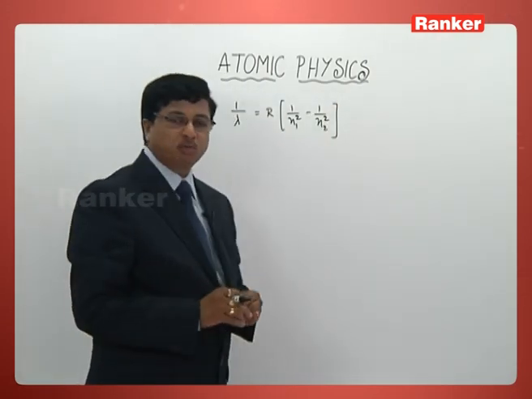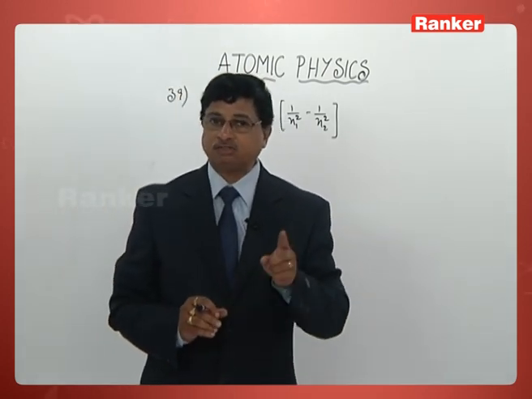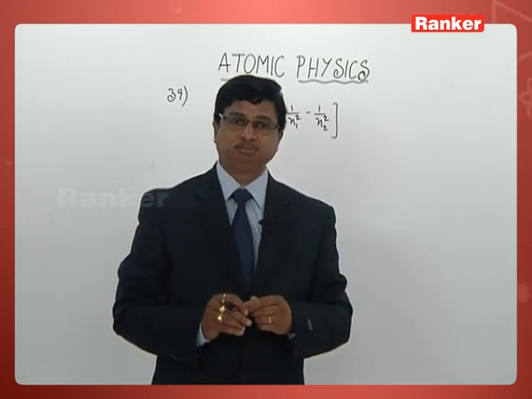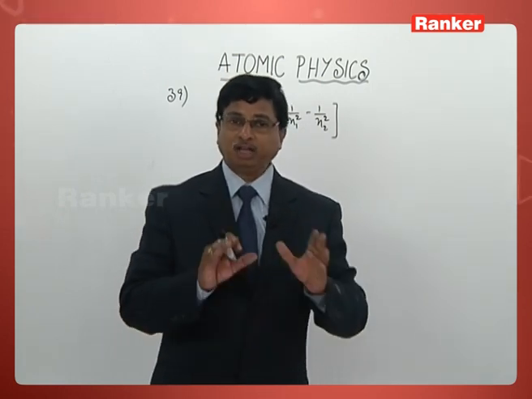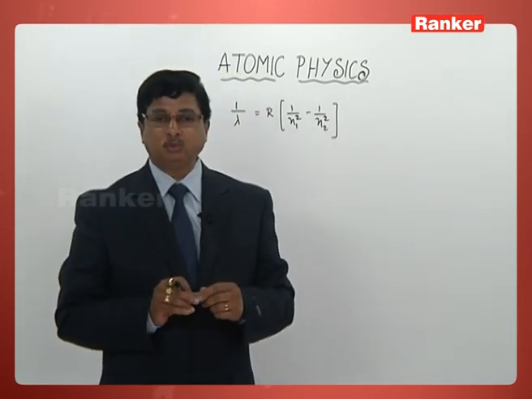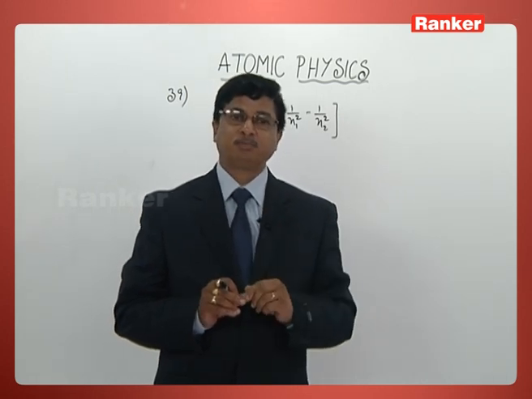This is the basic equation by means of which we used to calculate wavelengths of each and every spectral line that is obtained in the spectrum. So what exactly do we have to look into? He is asking you the shortest wavelength and the longest wavelength.